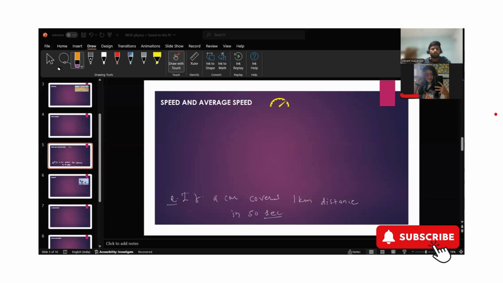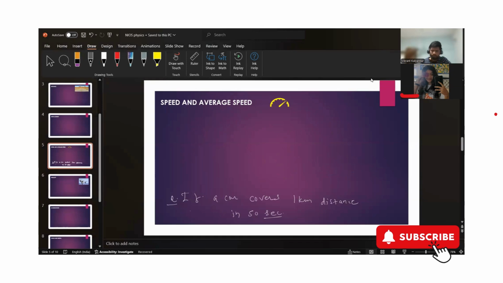So I'll be writing here. Whenever you want to convert meter per second to kilometer per hour, just multiply the given value with 18 by 5.